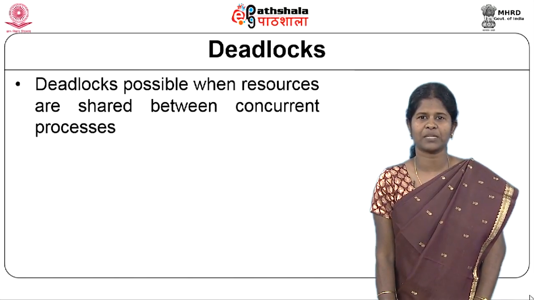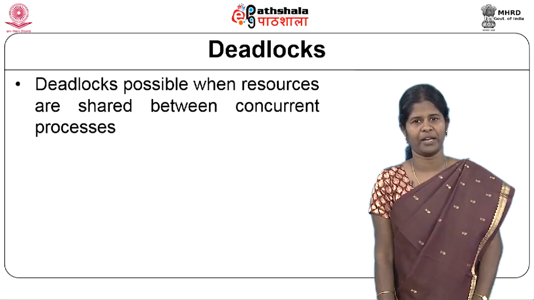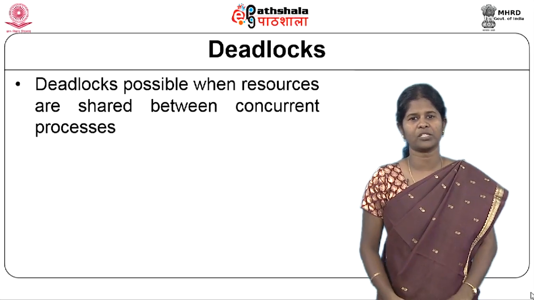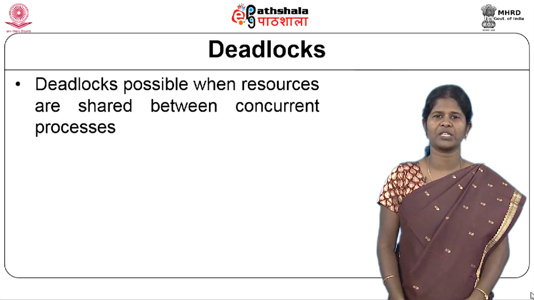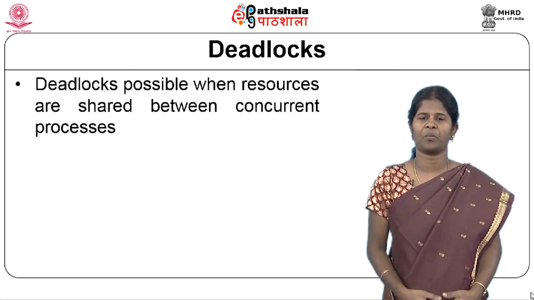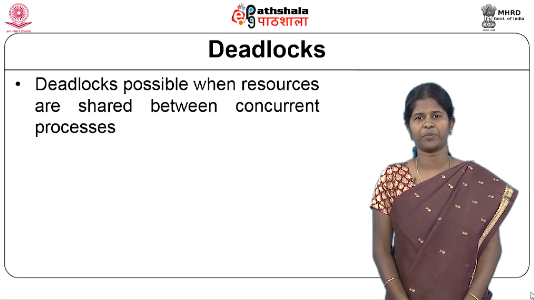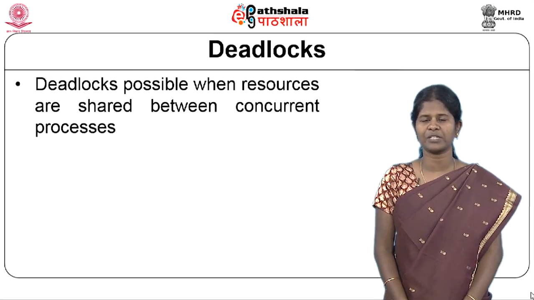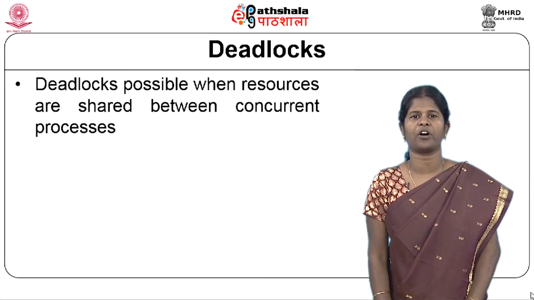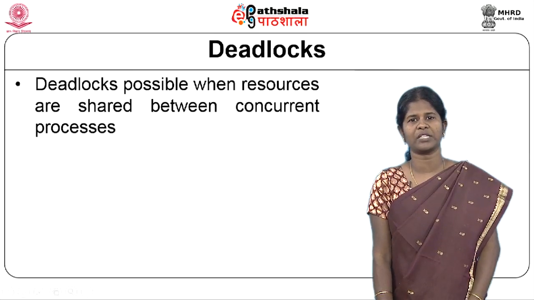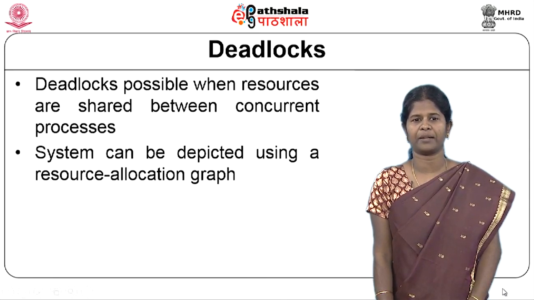So, in the last module we saw what is meant by a deadlock. That is, deadlocks are possible when you have resources which are shared between concurrent processes. When you have shared resources, many processes may have to access those resources, and deadlocks are possible when there are waiting processes and sharing happening in parallel.